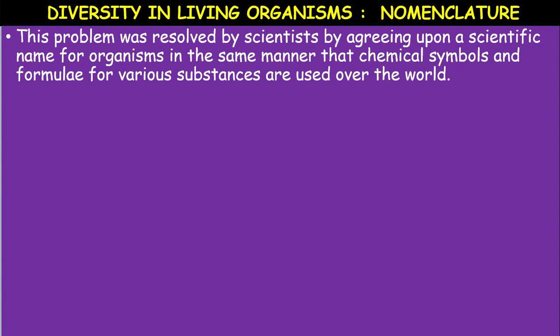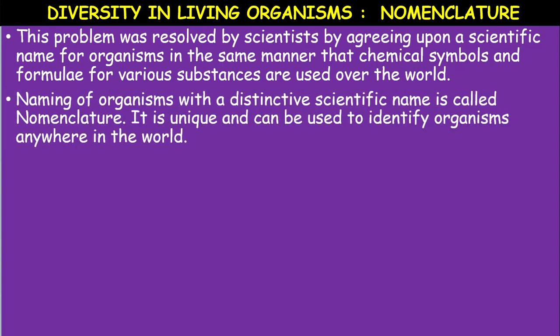Common salt, for example, sodium chloride, is a universally accepted name. Like that, for animals and plants also, there is a name called the scientific name, which is universally accepted and can be used everywhere.